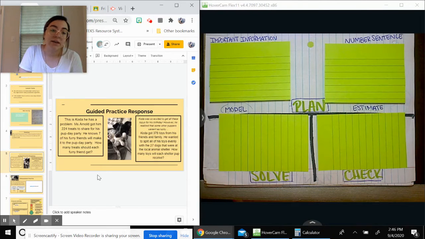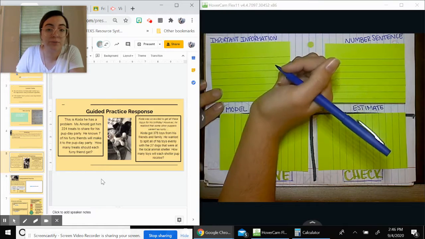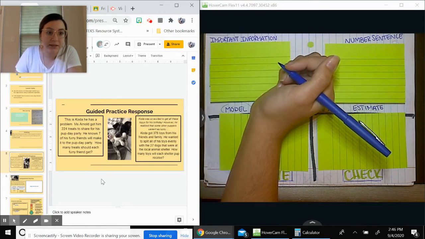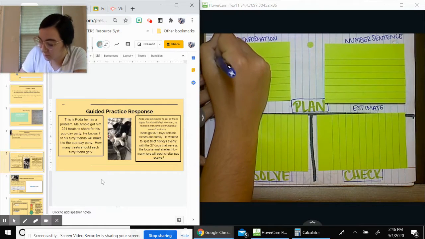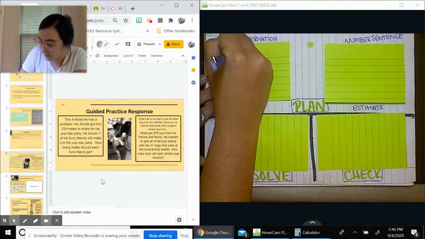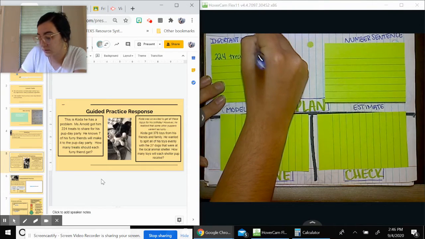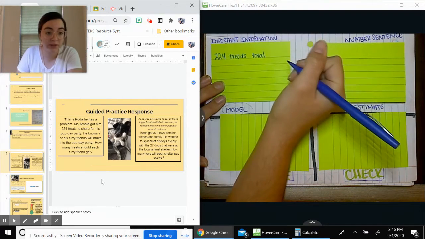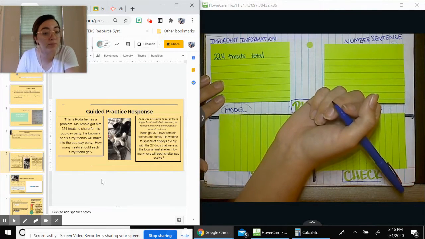Let's find out. First thing I'm going to do, I'm going to read it again and find the important information. So it says that Koda is having his Pup-day party, and we have 224 treats total. So altogether, Miss Arnold bought 224 treats for the Pup-day party.